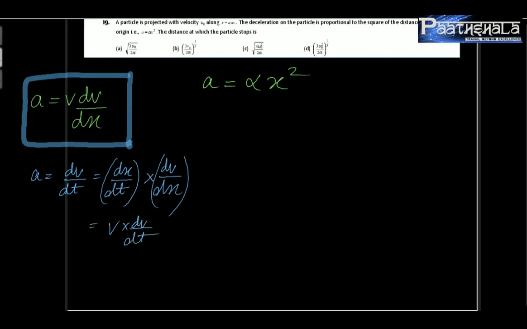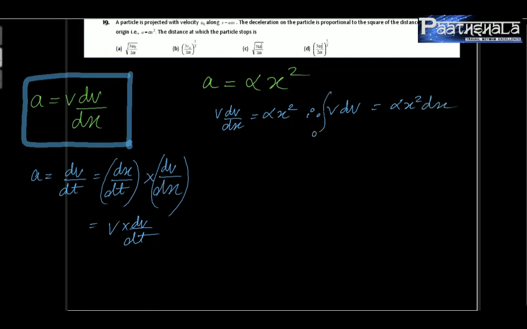So acceleration is equal to alpha x square, this we know. So v dv by dx is equal to alpha x square. Therefore, v dv is equal to alpha x square dx, right?